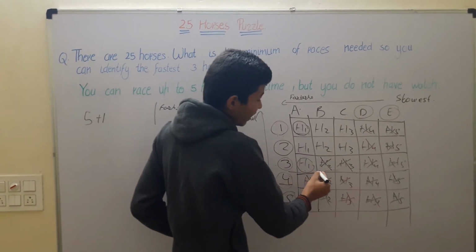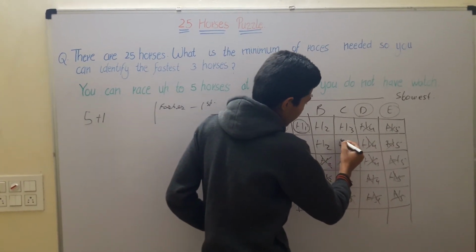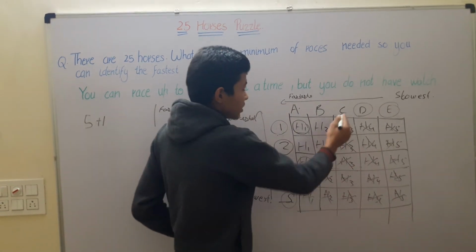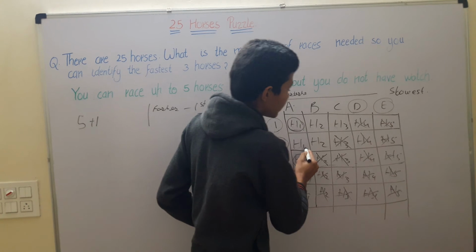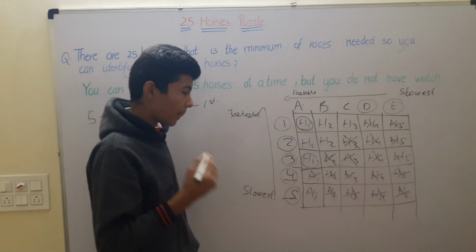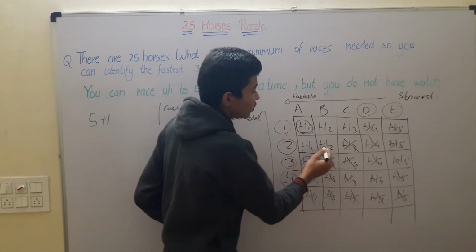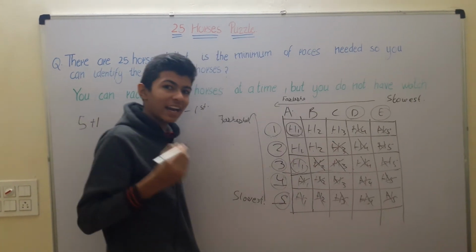Similarly we can cut C2, because it is the second fastest in a row that came third. So now we have 6 horses remaining.